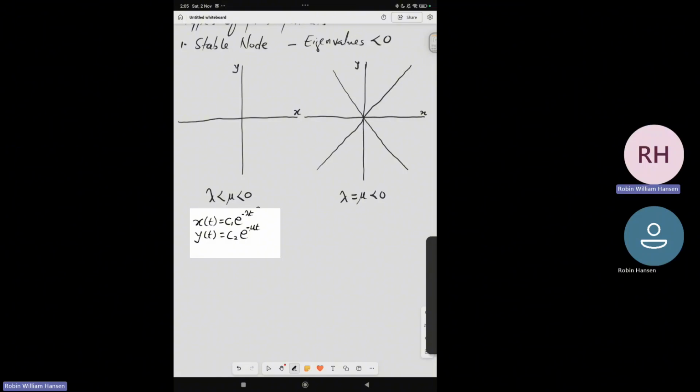Is that okay? So t going to negative infinity and t going to positive infinity. So what we are saying is this holds for all t belonging to the real numbers.